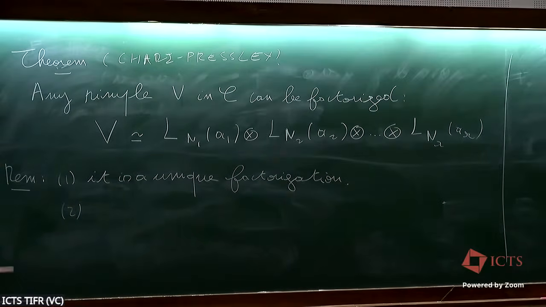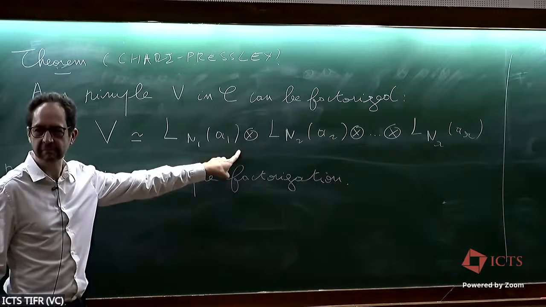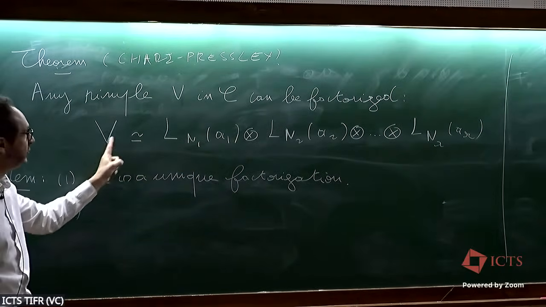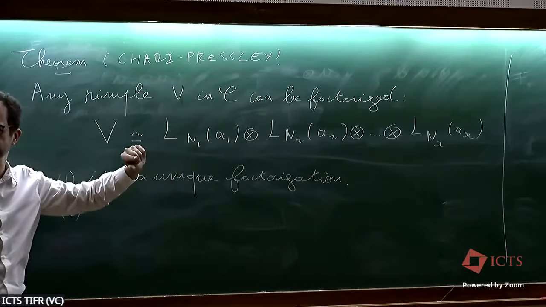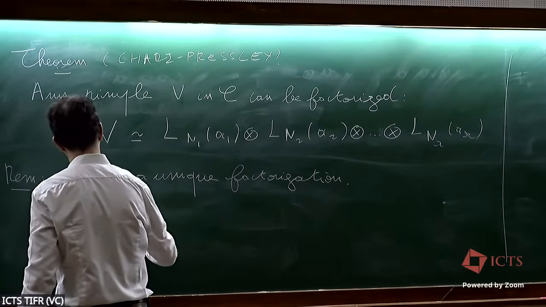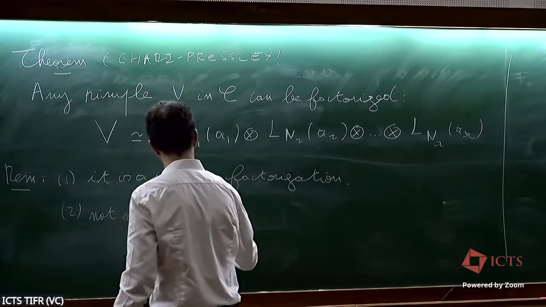Second point is that not all such tensor products are irreducible, as we have seen already. So any simple module can be factorized in this form, but not all modules of this form are simple.